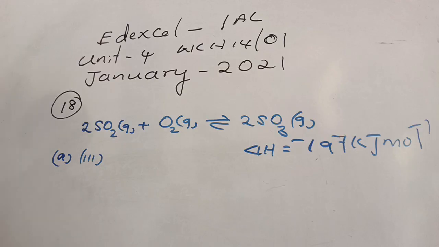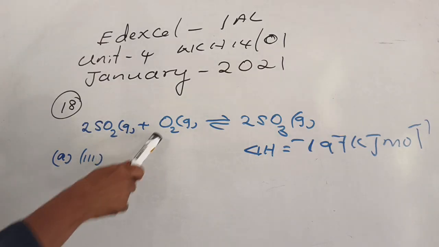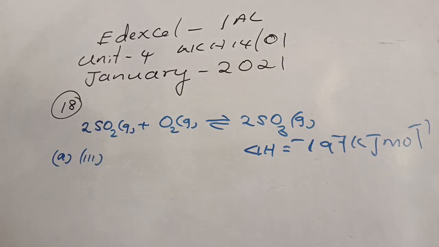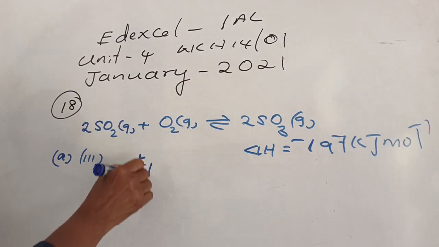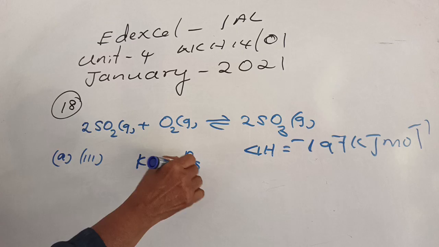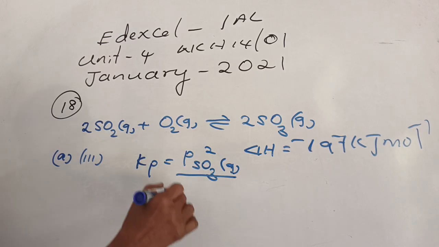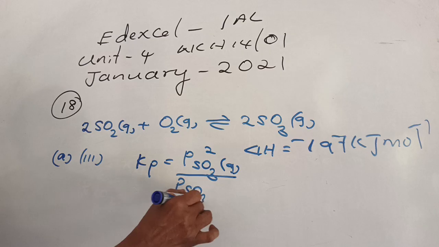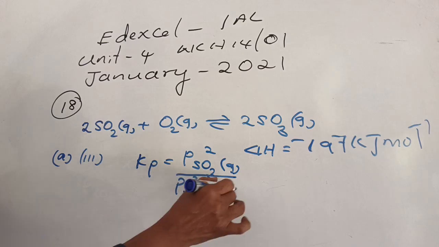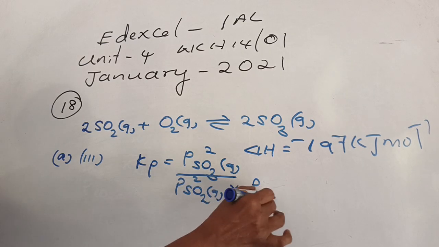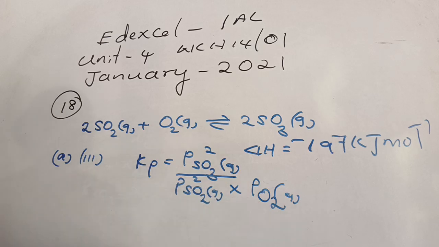I move on to the third part, for which this particular equilibrium has been provided. Your third part asks you to write an expression for the equilibrium constant Kp for this equilibrium. So Kp equals the partial pressure of SO3 in the gaseous state to the power 2, over the partial pressure of SO2 in the gaseous state to the power 2, times the partial pressure of oxygen in the gaseous state.